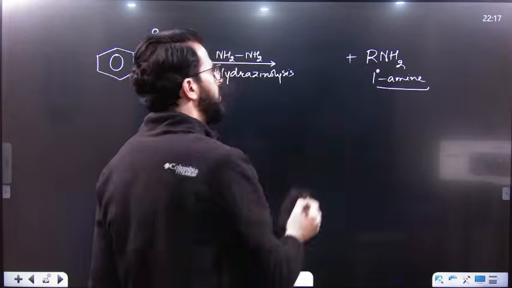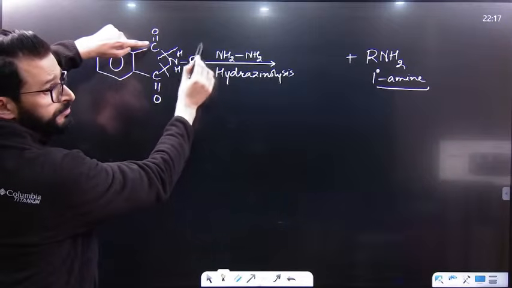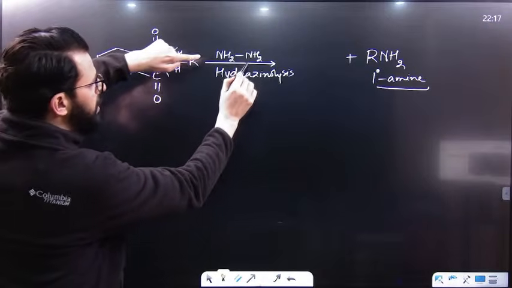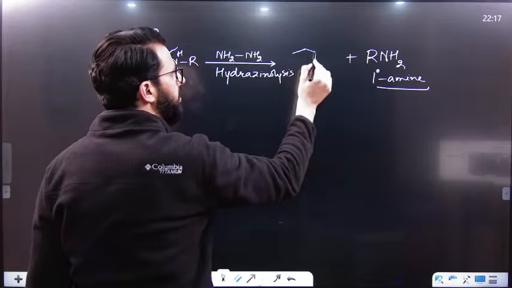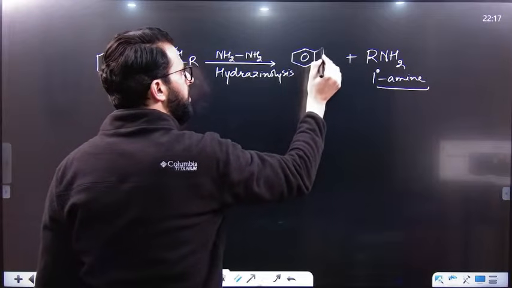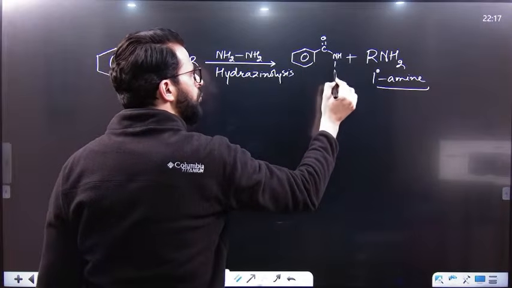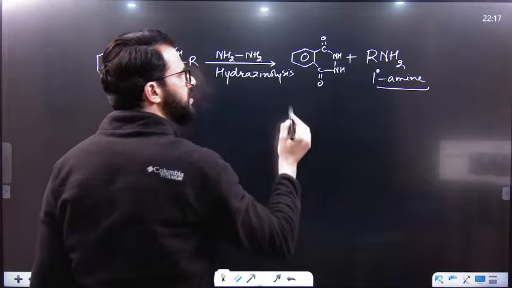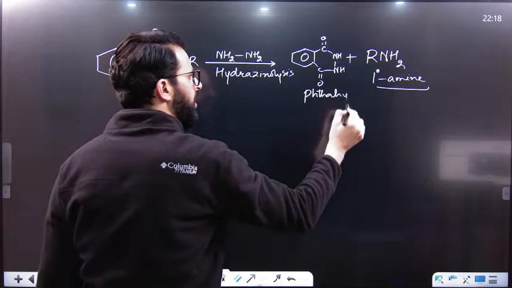After that, this C double bond O forms a bond with this NH. Then NH is single bonded to NH, and that NH will form a bond to this. That means we will get it like this. Here it is C double bond O, then it forms a bond with NH, but NH is already attached to NH, then it forms a bond with this. This is known as thalhydrazide.